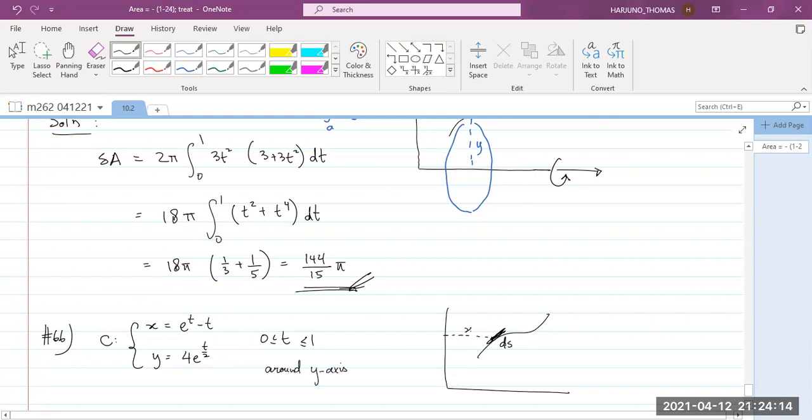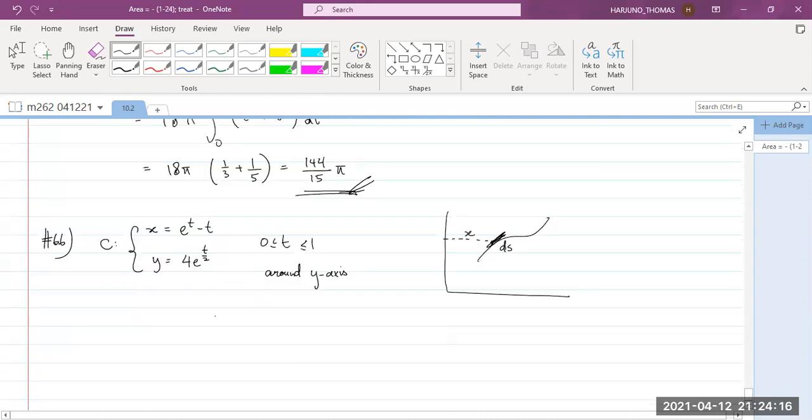That's my x, right? That's my radius. So the surface area will be integral from a to b of 2 pi x ds.